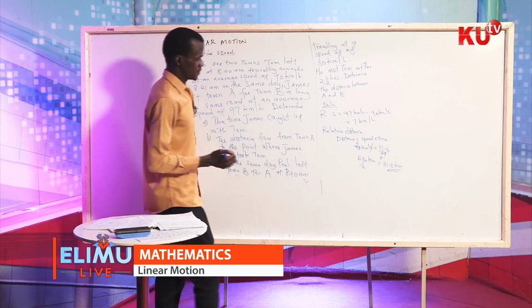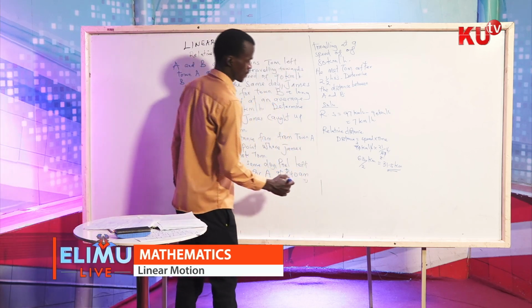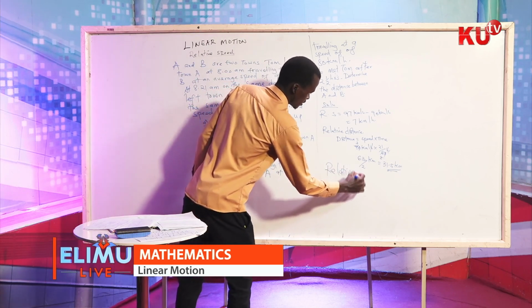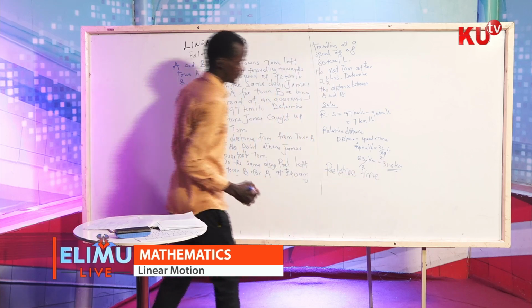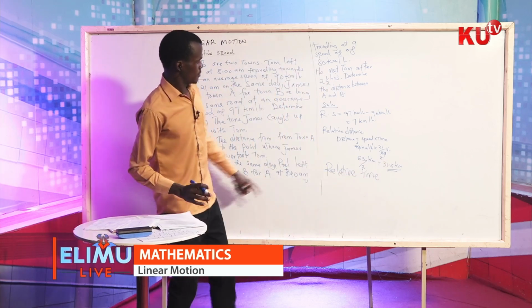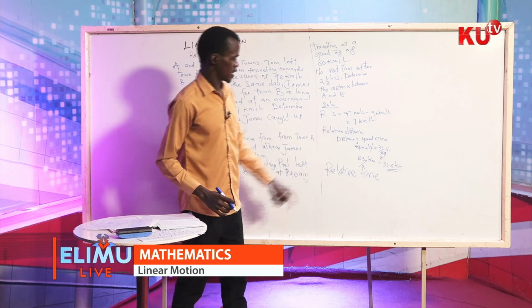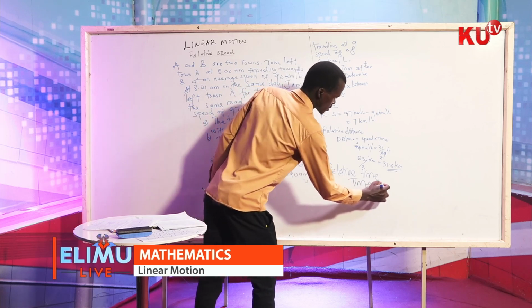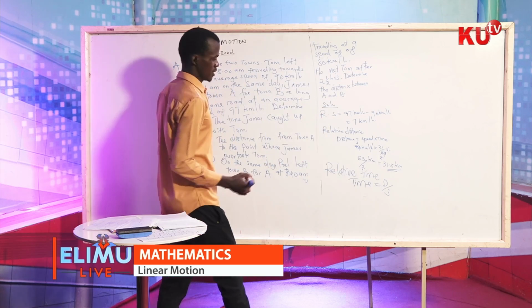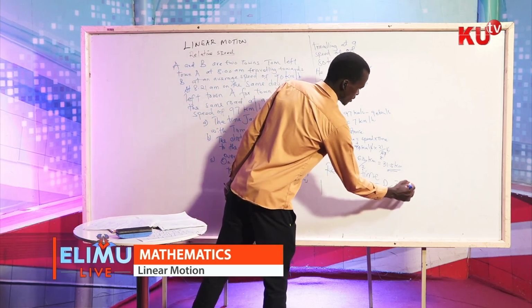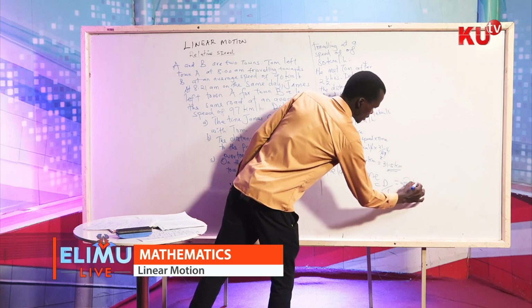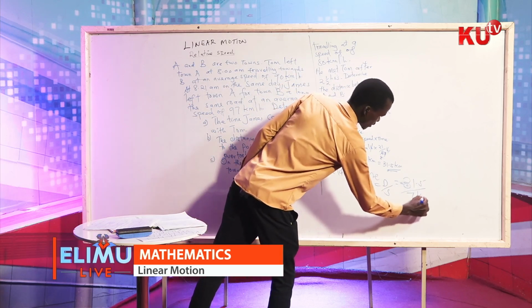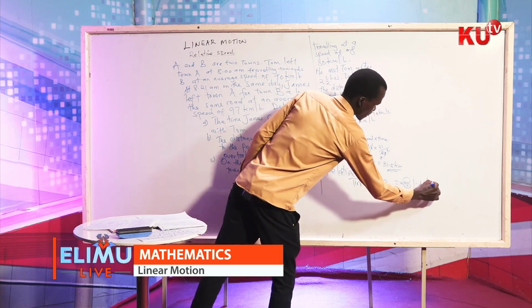Then we'll find the relative time. Time is equal to distance over speed, and the distance is 31.5 over speed, which is 7 kilometers per hour.